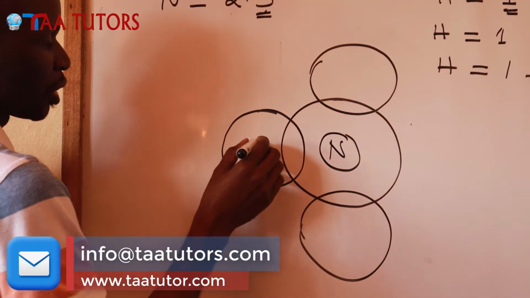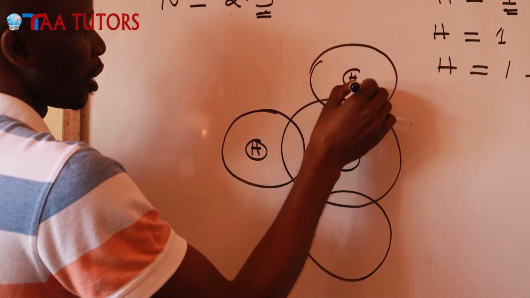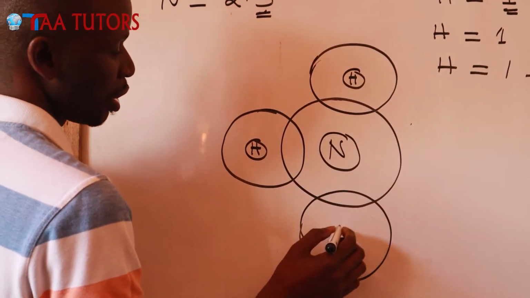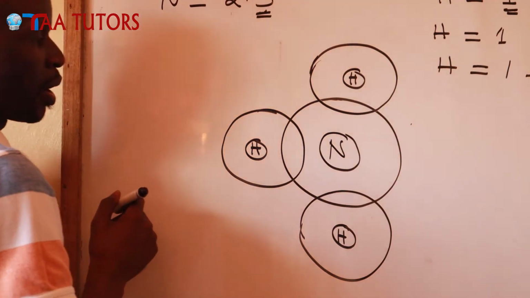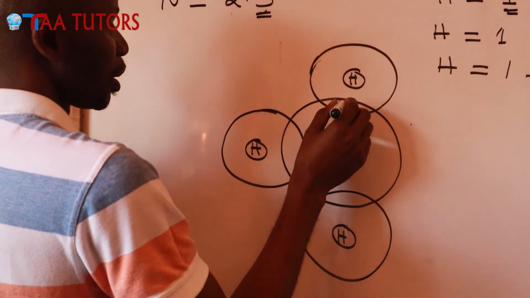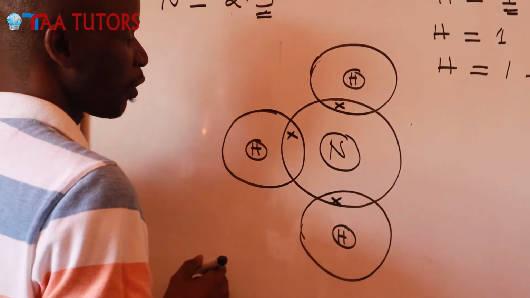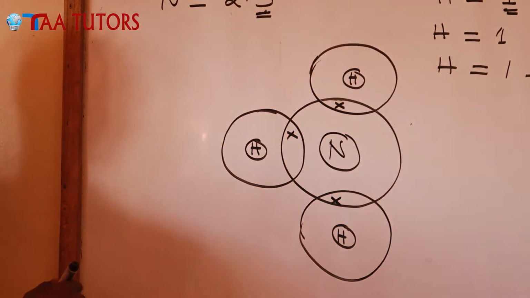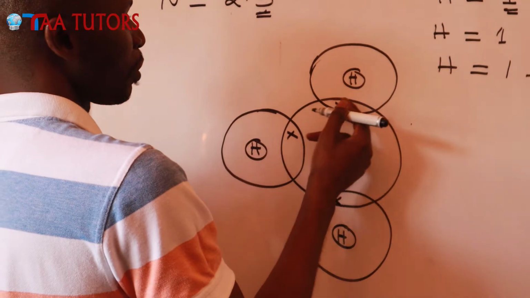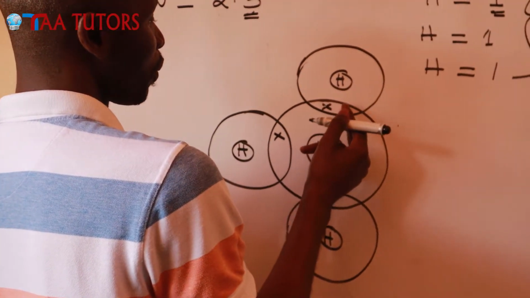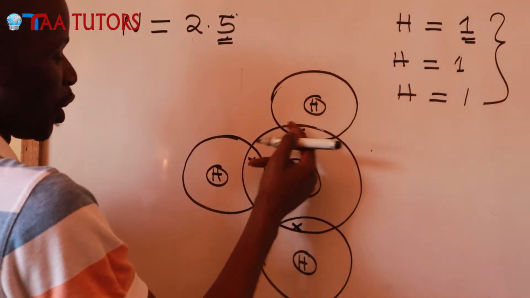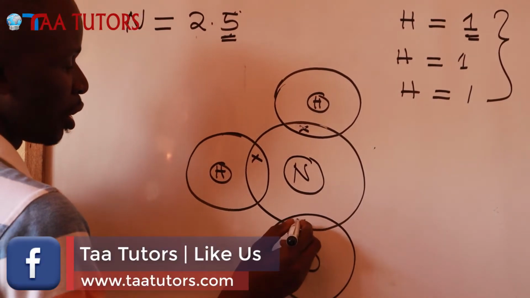This is hydrogen here, hydrogen here, hydrogen here. And let me use crosses for nitrogen. I put 3 crosses there, because we know hydrogen can only be filled by 2, so there are 2 electrons here. But these crosses are for nitrogen atoms.